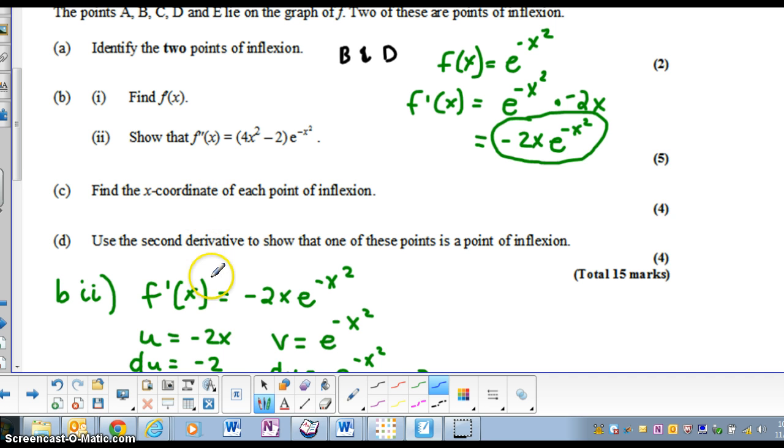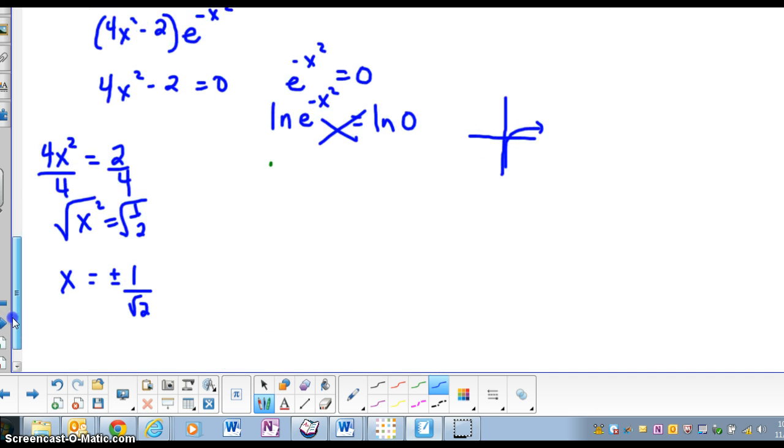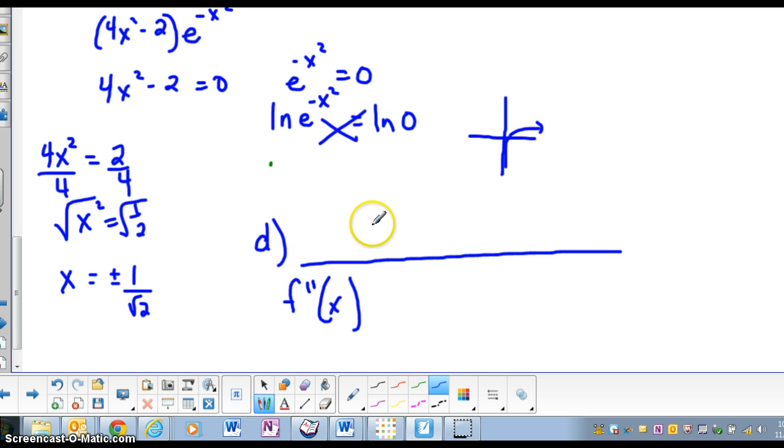And now we want to use the second derivative to show that these points are points of inflection. We will do that by showing a sign diagram. It says to use the second derivative, so we'll use the second derivative sign diagram. Our first point of inflection is at negative 1 over square root of 2.